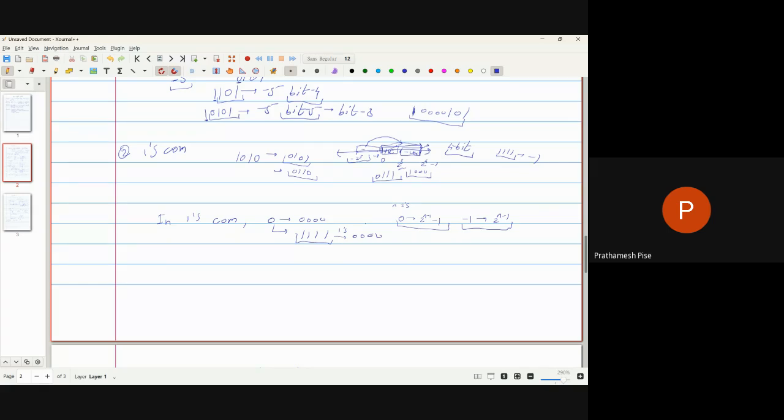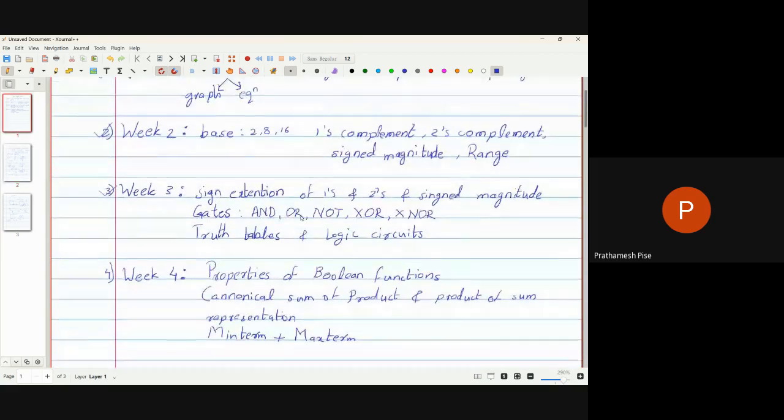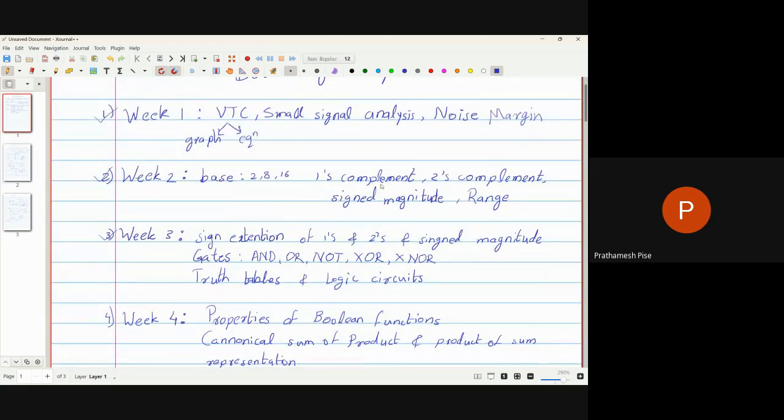Guys, any doubt in range? Am I audible? Yes, sir. Yeah, no doubt. I guess then this is just week 2, right? 2's complement, 1's complement, sign magnitude, and range.